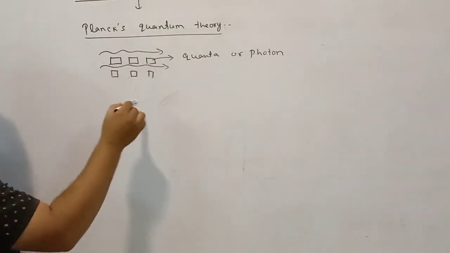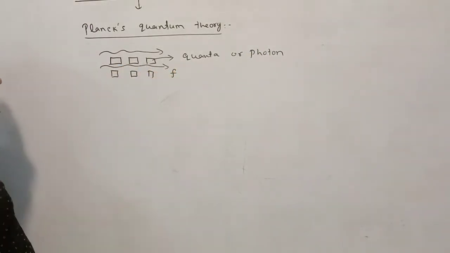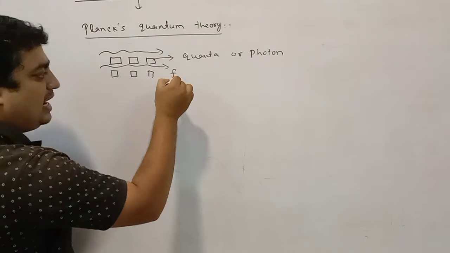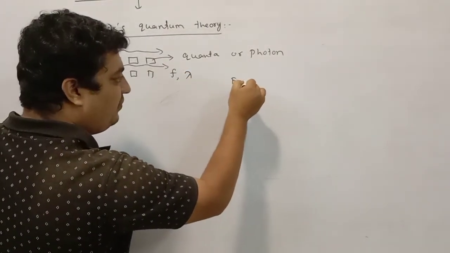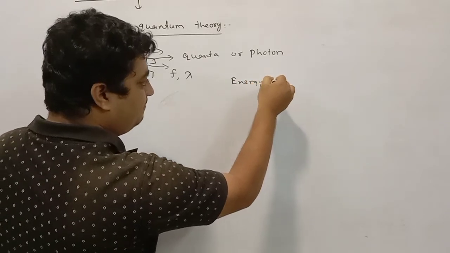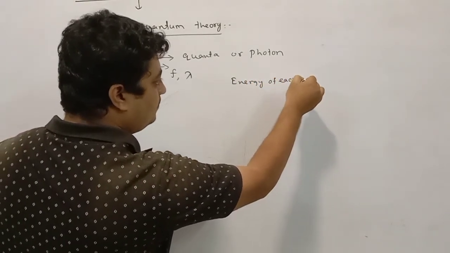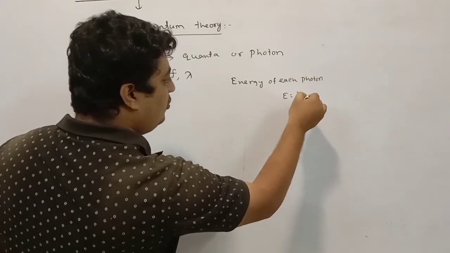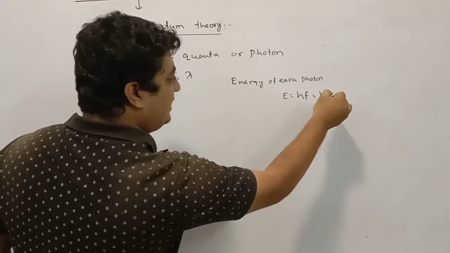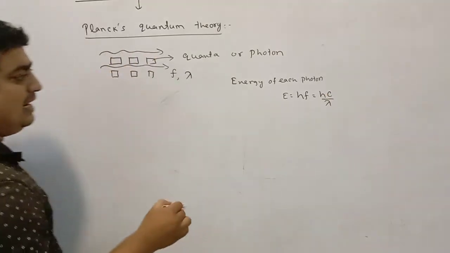Now, if the frequency of light is f and wavelength is lambda, then the energy of each photon E equals hf. We can write it also as hc by lambda.